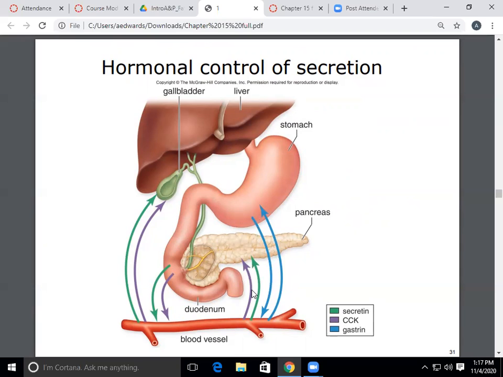Pancreas, bloodstream can release CCK and secretin into the pancreas. Those can also be released from the duodenum into the blood vessel. Secretin and CCK can also be released into the gallbladder, make it release its bile.